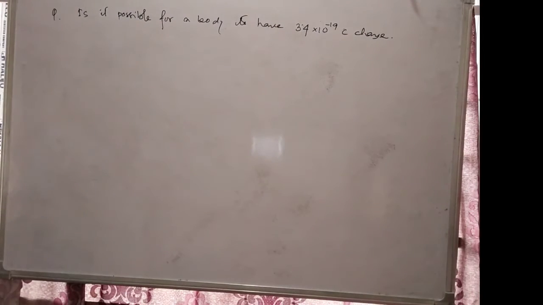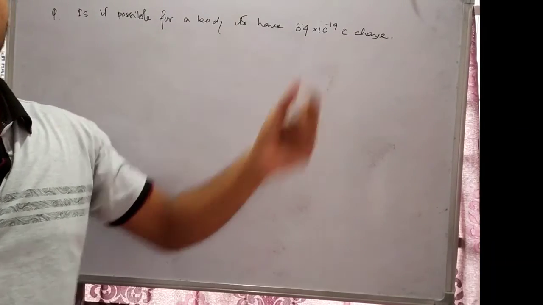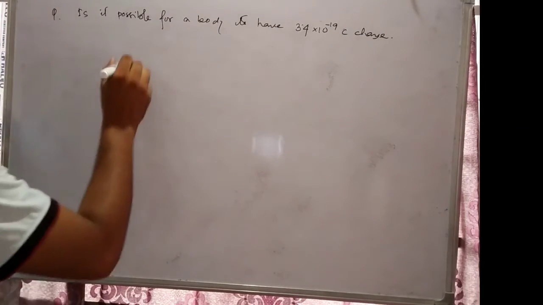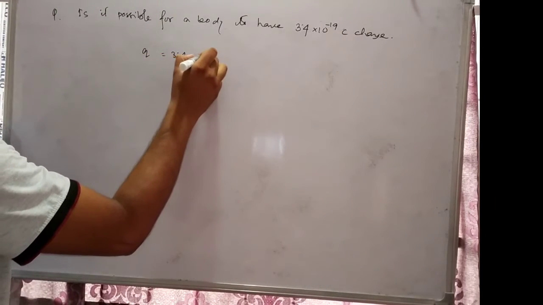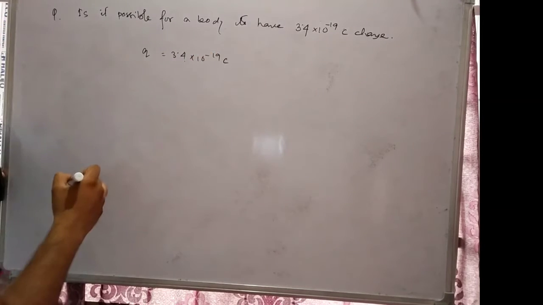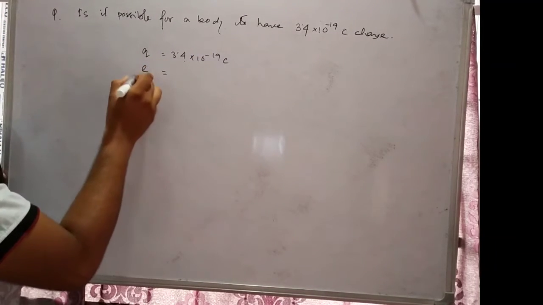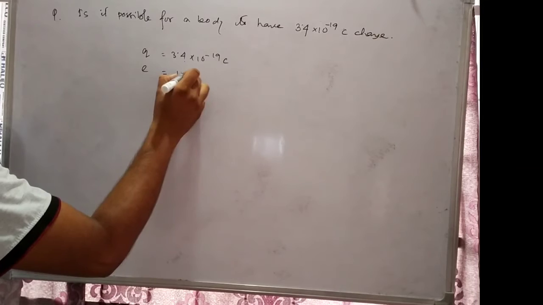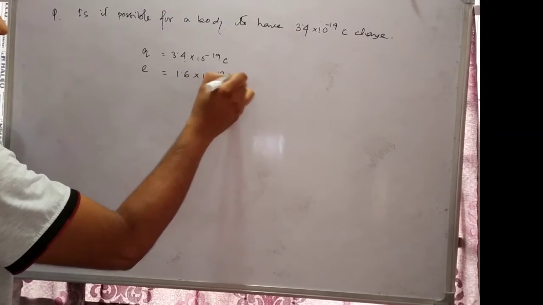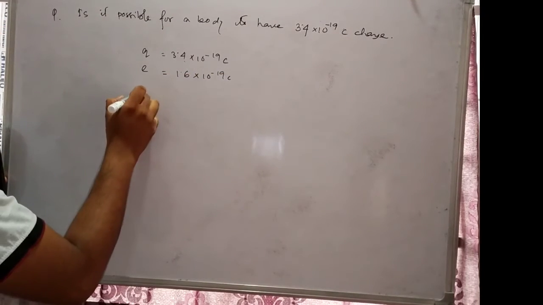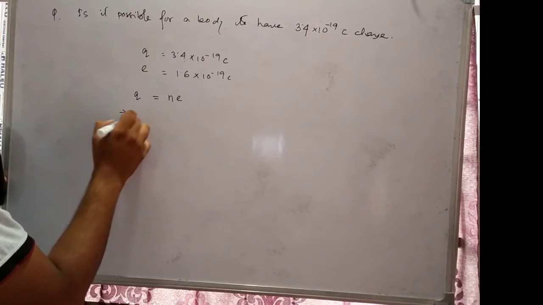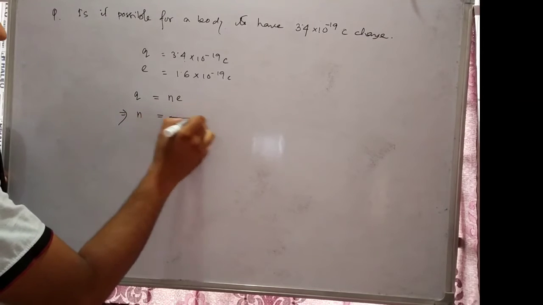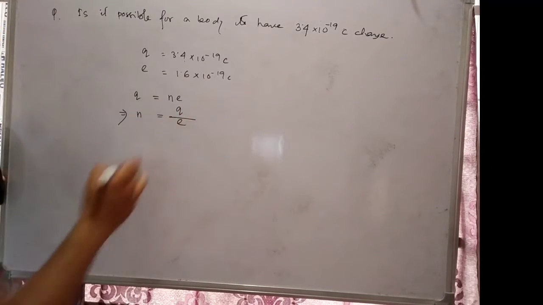So we have to say whether a body can acquire this amount of charge or not. Let's see. Q is given here as 3.4 into 10 to the power minus 19 coulomb, and e we know, that is 1.6 into 10 to the power minus 19 coulomb. According to the quantization formula, Q equals n e. From here, if we calculate the value of n, it will be Q by e.